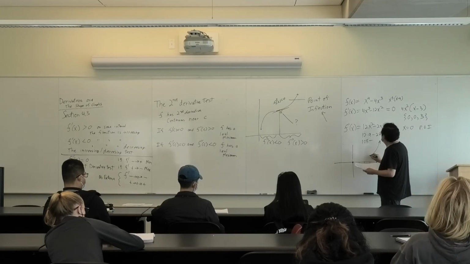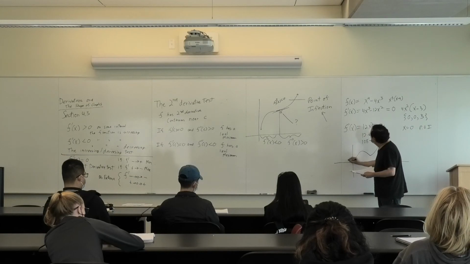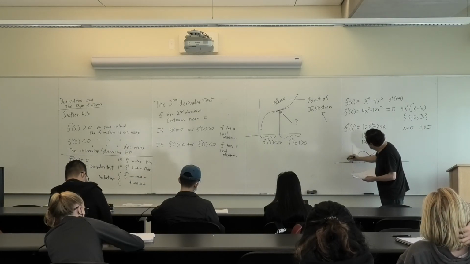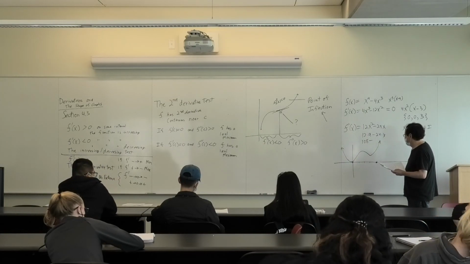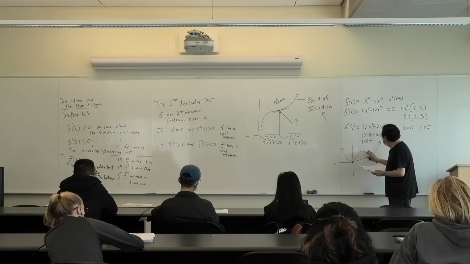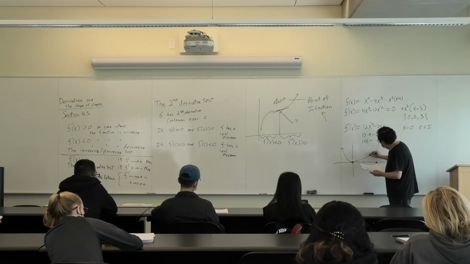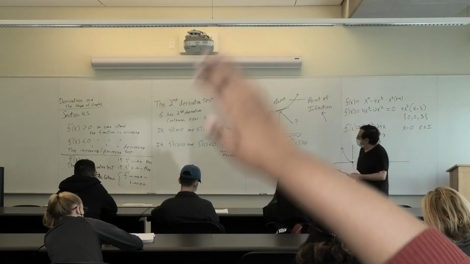And it's going to pass through 0. That's kind of what we're looking at. Or we can go this way. We don't have another. It's got a minimum here. Anybody watching me?